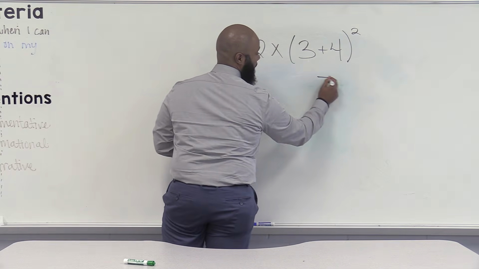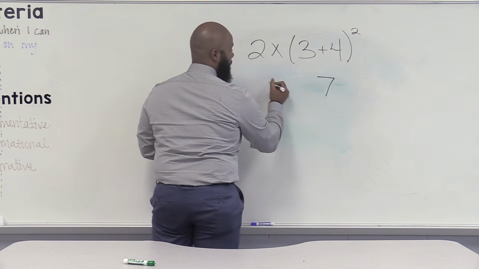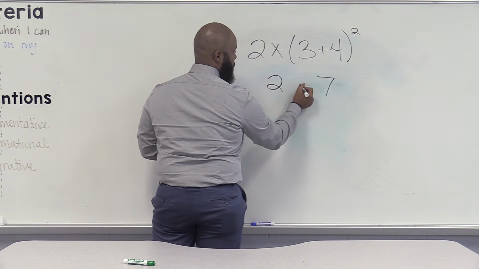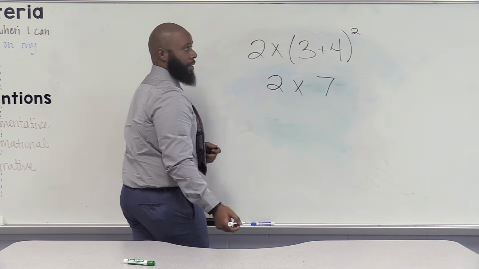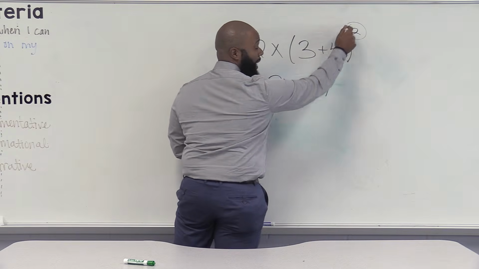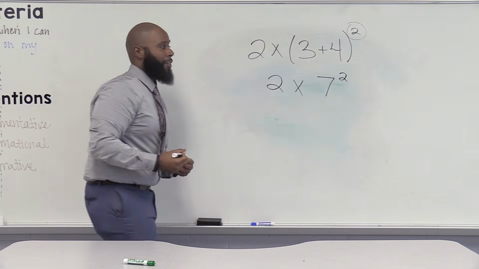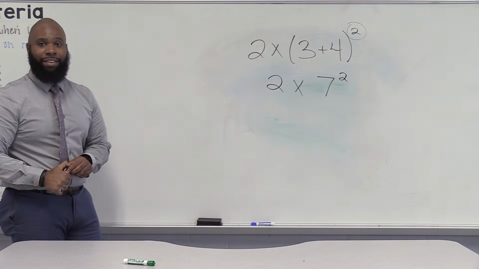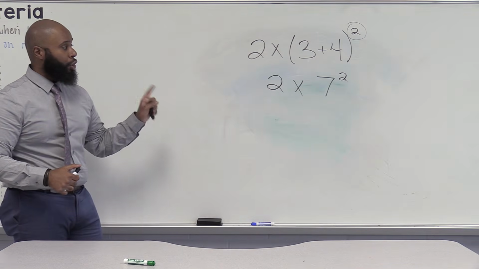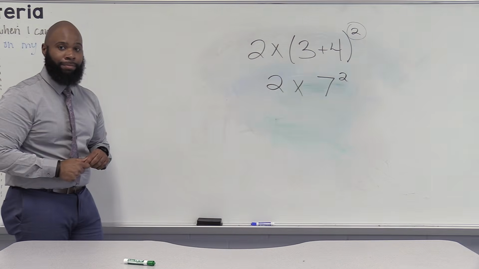So I'm going to rewrite this. I know that this is 7. I'm going to bring down my 2 and my times. And I'm also going to bring down my exponent because I haven't done anything with it yet. So make sure that it's squaring my 7. So now my problem reads 2 times 7 squared.